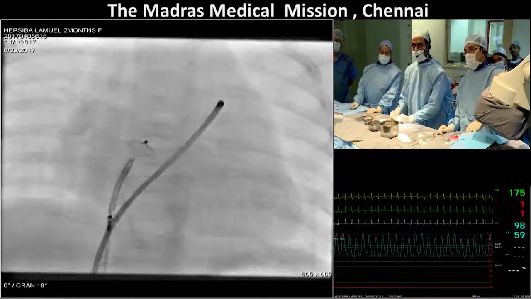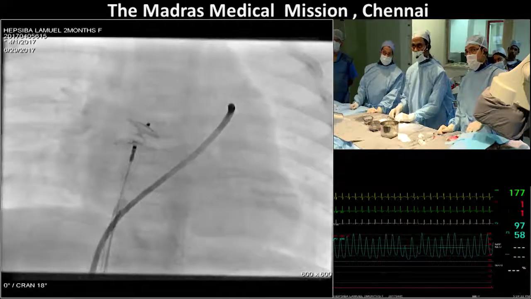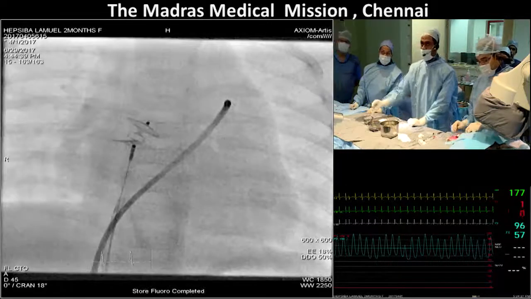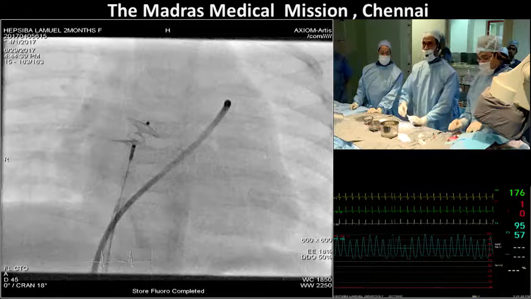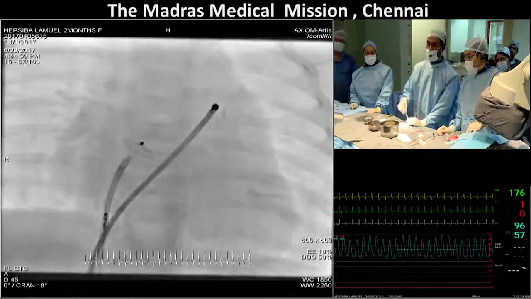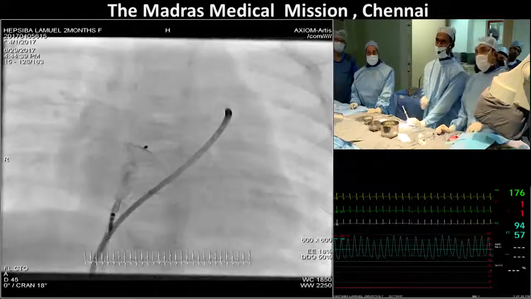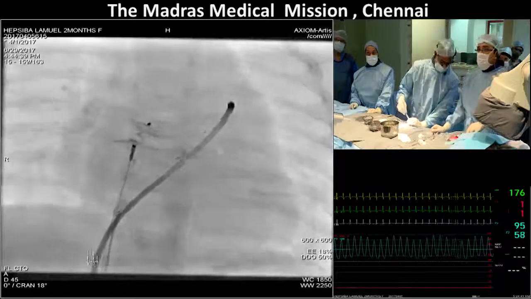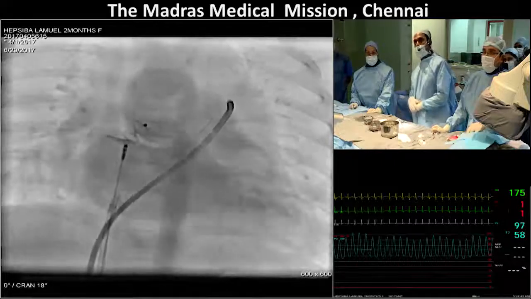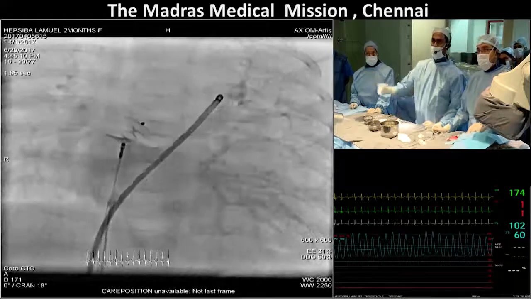So we have come to the point of occlusion. Store this, show this. So we have released the device based on the fluoroscopic anatomy. So freeze it.